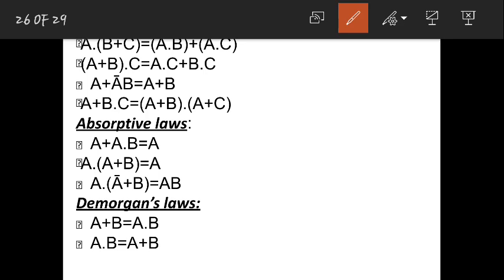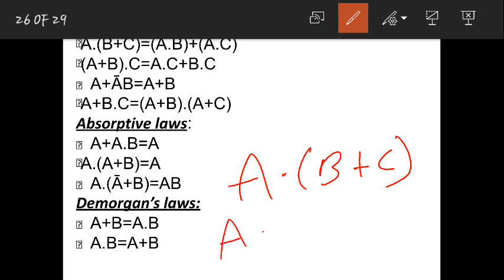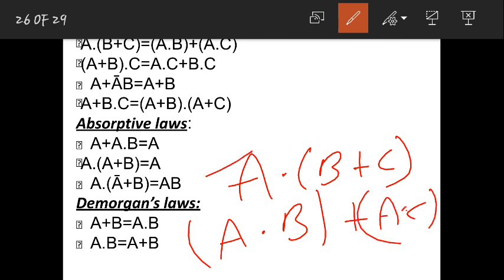Okay, so this distributive law, see here the first one we will say A and B or C. This also can be done as, he just simplified it. See, A and B or A and C. So if you try to solve in this way or this way, you will get the same.